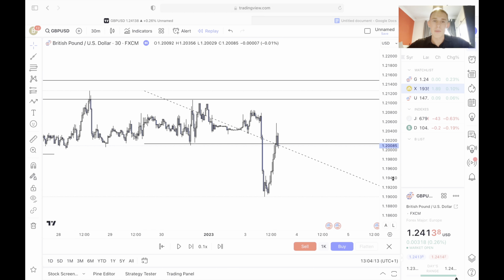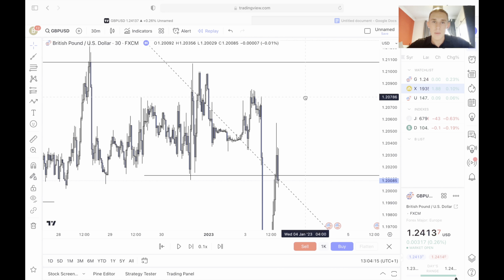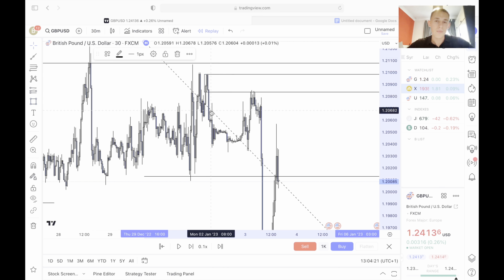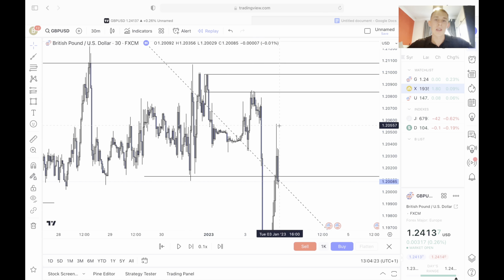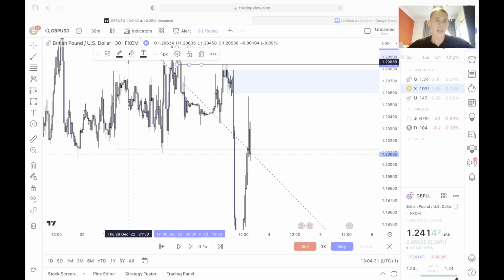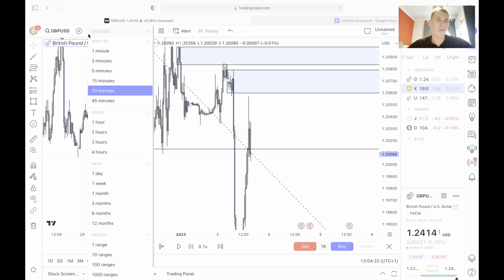And then we can go and refine any areas of supply that we see. So in this case, we have this level above the liquidity. This one here, you may say this is a valid level as well. So we can draw that on as well, see which one is respected.